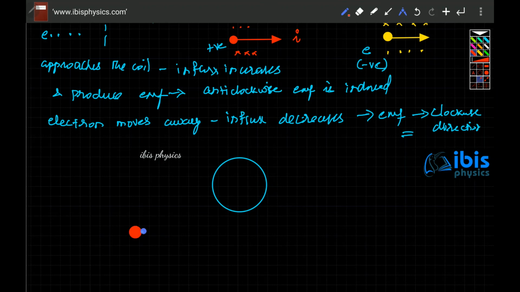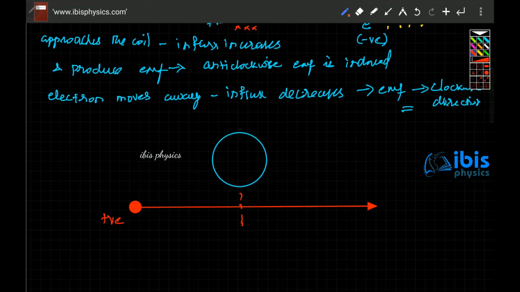When the positive charge flies by from here to here, first up till this point, it is clockwise in this, and then anti-clockwise during this part. Then if the positive charge comes from this side to this side, then clockwise and then anti-clockwise.